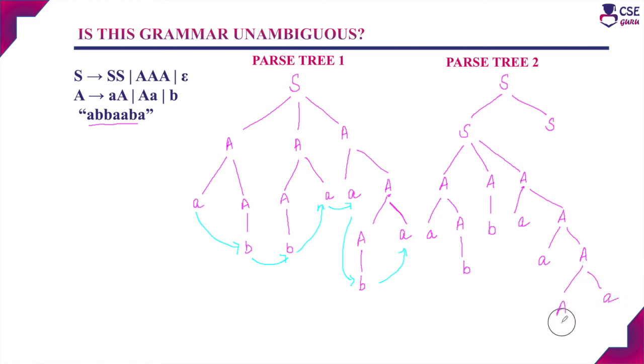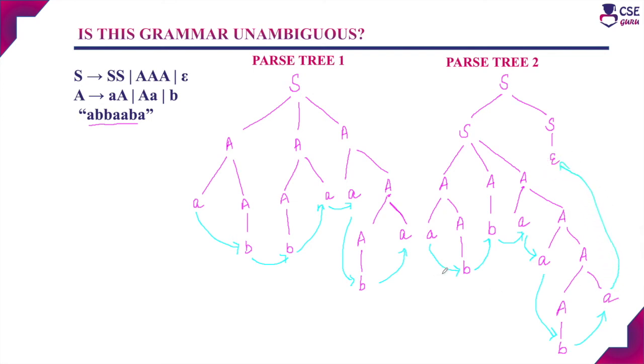And for this non-terminal A, we will apply the production rule A derives B. And next for this non-terminal S, we will apply the production rule S derives epsilon. And epsilon represents the empty string. So now we will trace the input A, double B, double A, next B, A, and then at last epsilon.